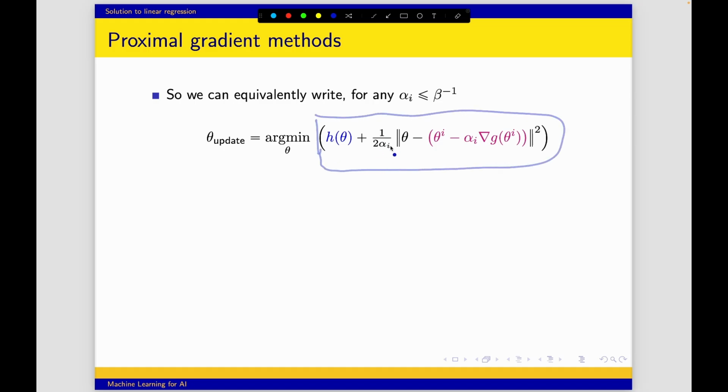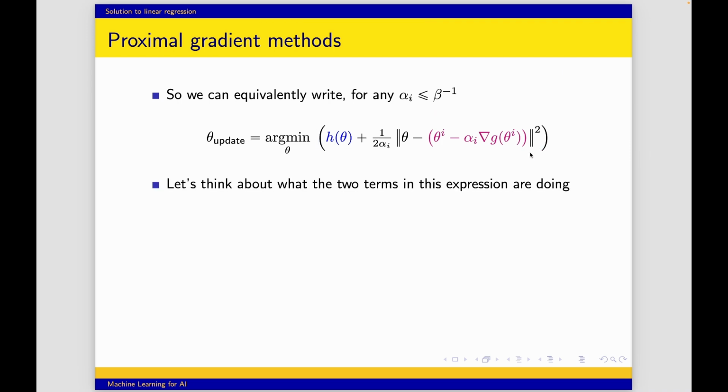All I've done here is replaced beta with 1 over alpha I. We're going to use some general step length, because the step length we were using based on the derivation of gradient descent was 1 over beta. Let's replace that with some general alpha I. So beta becomes 1 over alpha I. So this is the problem we want to solve. We want to minimize this function over theta.